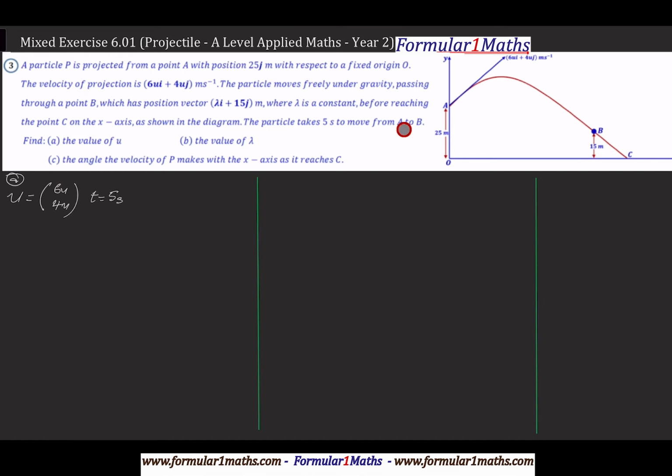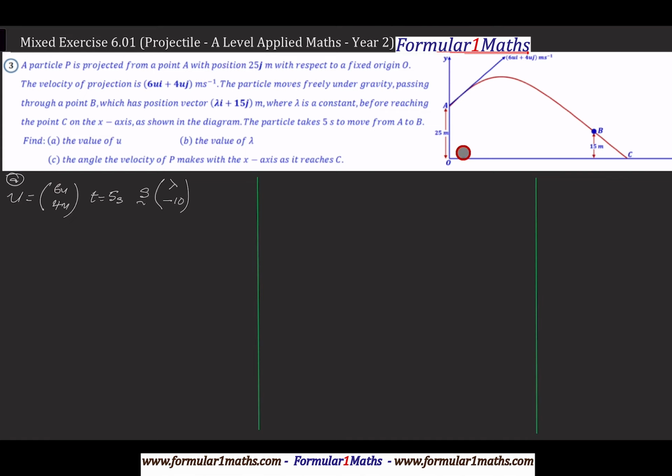With respect to A, this particle is 10 meters below A, and that means s will be given by lambda minus 10, where lambda is the distance from here to this point as given by this vector here.